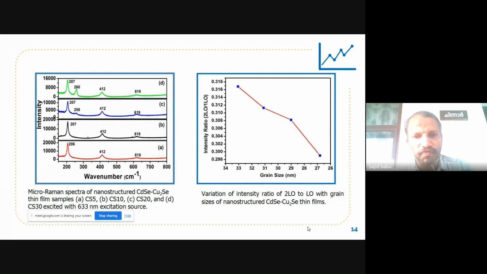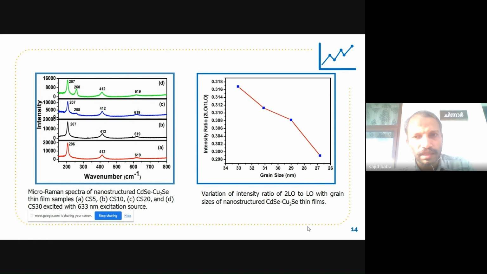The Raman spectra of the films were also recorded. We have got the 1LO peak at 207 centimeter inverse, and the overtones at 411 centimeter inverse and also 619 centimeter inverse. An additional peak was observed at 258 centimeter inverse, which shows the presence of Cu2S.